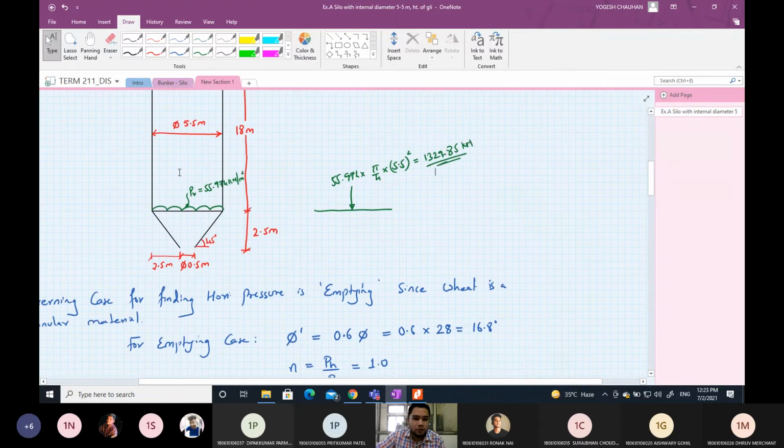So this is the weight from the stored material at 18 meter height.